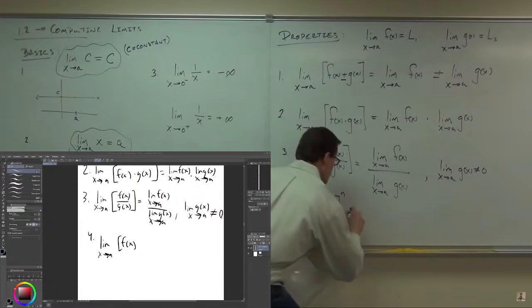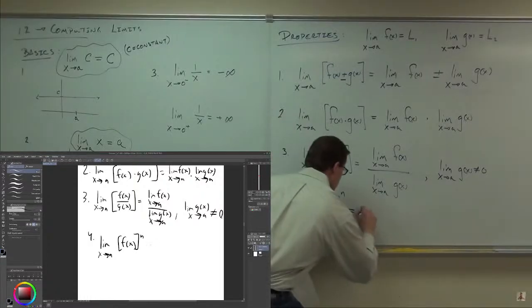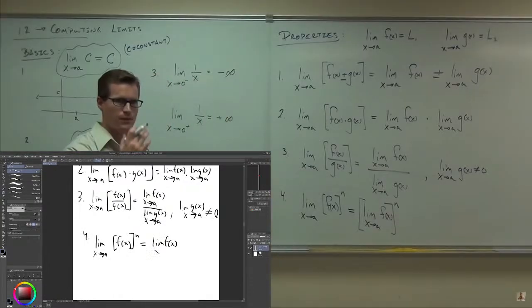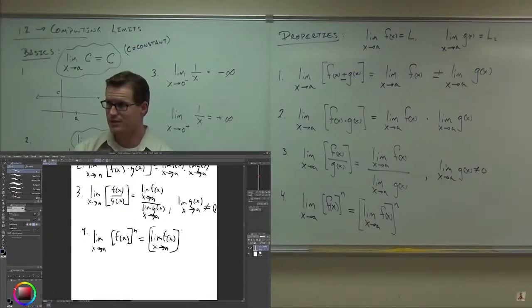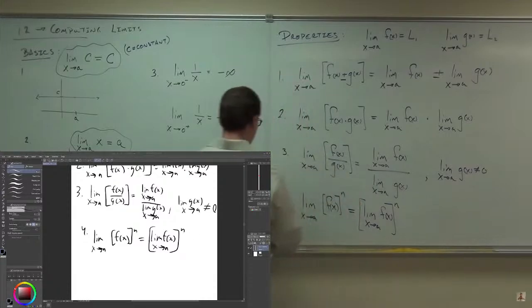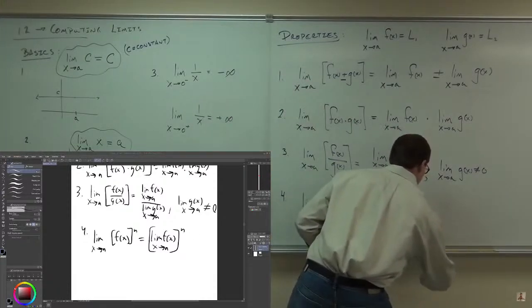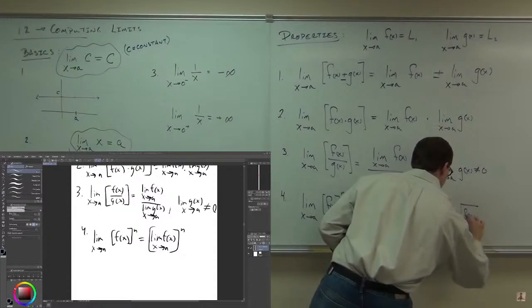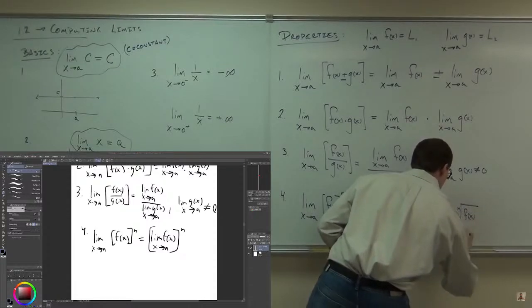But you can actually do this. This makes it so you can do a limit of the function and then raise it to the power. That's a neat one. That means that you can remove an exponent from your function with limits. That's very cool. What's fascinating about this is it even works with this, because that is an exponent, right? A radical is an exponent.